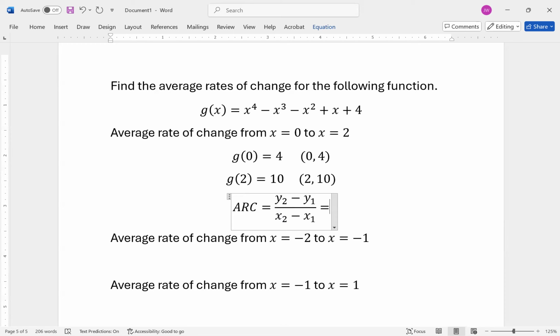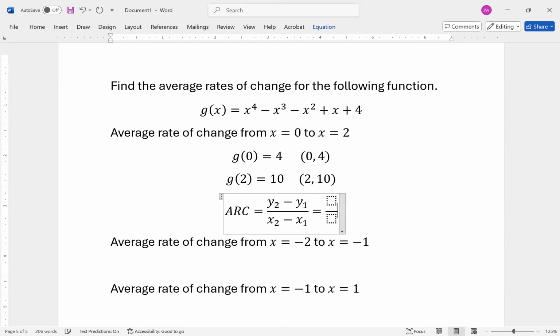So the average rate of change for this function from x equals 0 to x equals 2: I'll call (2, 10) the second point and (0, 4) the first point.